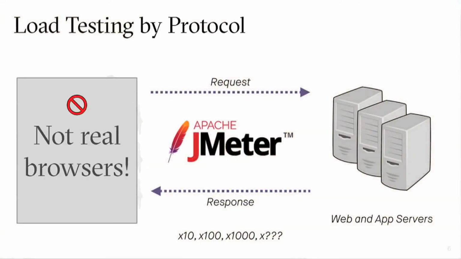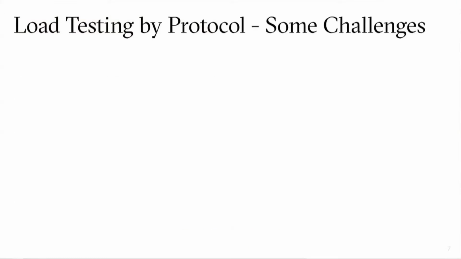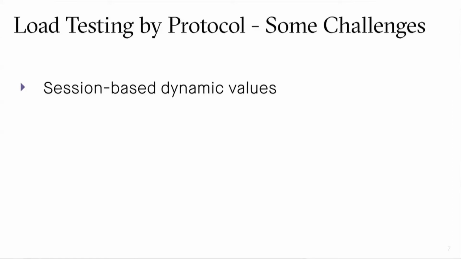And a while back, this was okay because we didn't do a lot of front-end development, right? It was HTML, maybe some jQuery. Which browser are you using, if people remember those days. But these days, the front end is just as important as the back end and actually has a ton of logic in it. So the problem with not using real browsers is that we have some challenges, right? We have session-based dynamic values.